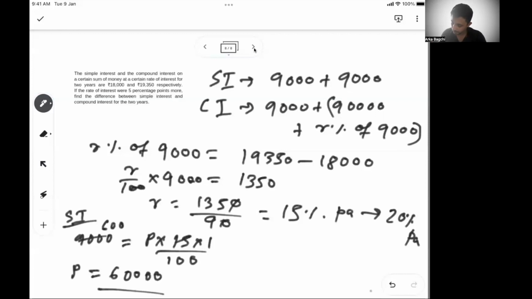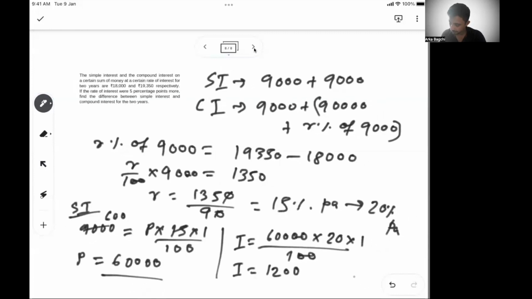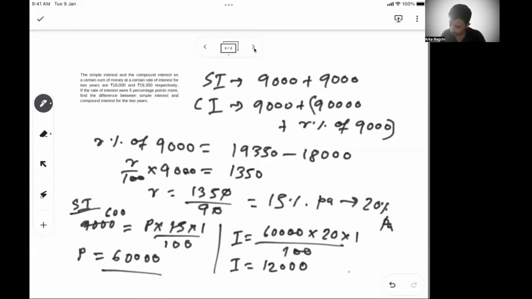In the second case, your interest will become 60,000 into 20% per annum into 1 year by 100. So 100 cancelled, and your interest becomes 12,000 rupees.